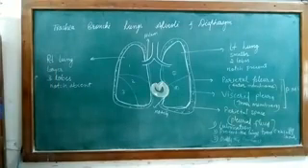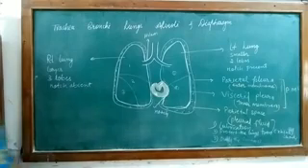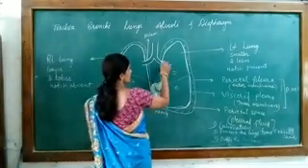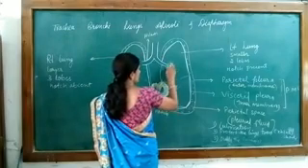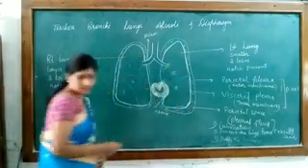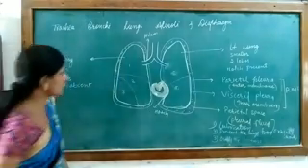Then next is alveoli. What are alveoli? As we know, those are the primary bronchi. Primary bronchi get divided into secondary bronchi.